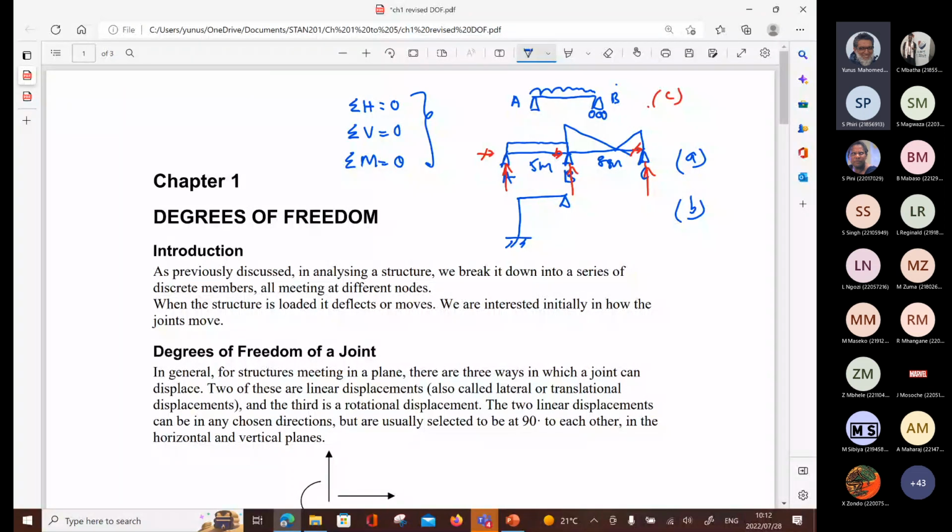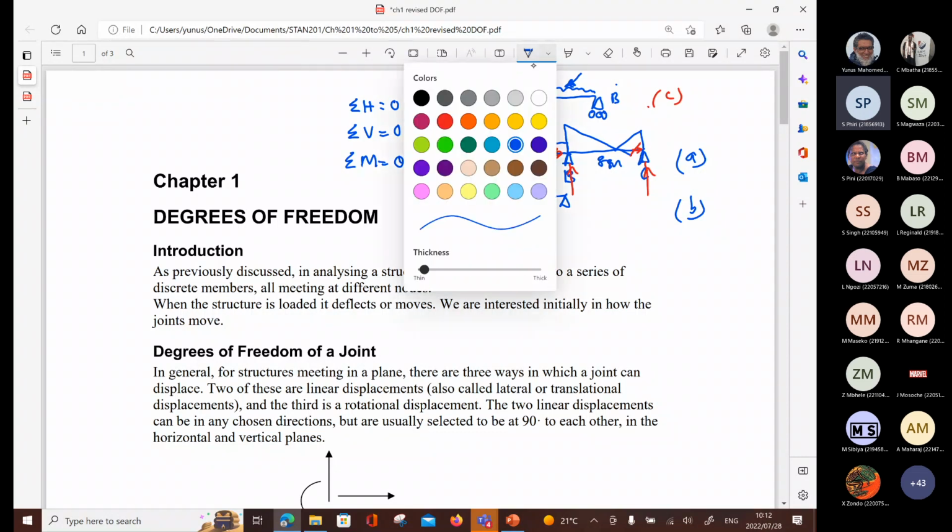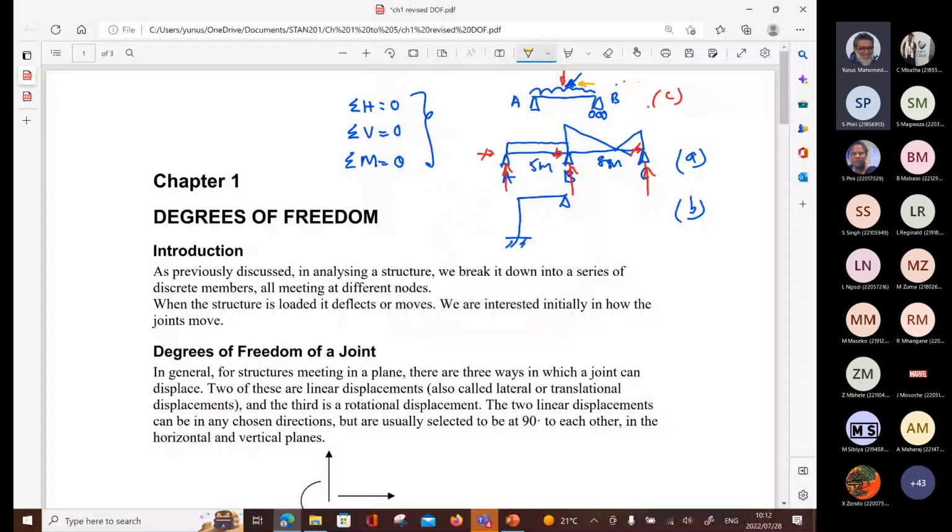Another story, if I put in a load like that, then I've got an inclined load, so I've got a horizontal component and a vertical component. Horizontal is only resisted in one place. B is a roller, it won't do anything. So it's resisted at A. Whatever the horizontal load on the beam is has to be resisted at A.